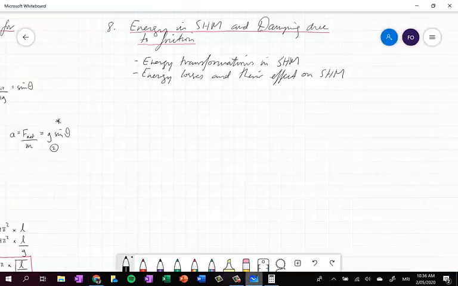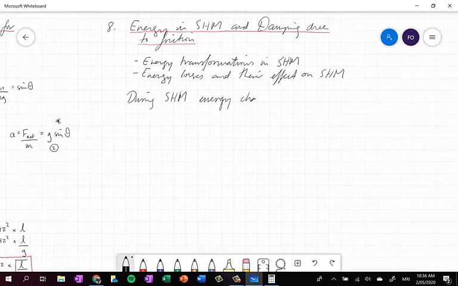Alright, so let's summarize that. During simple harmonic motion, energy changes back and forth between potential energy and kinetic energy.